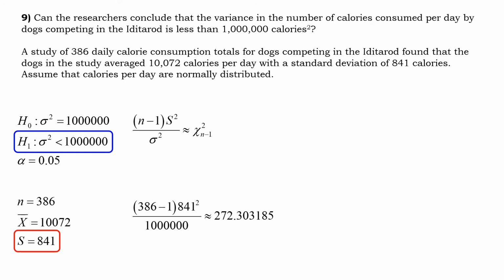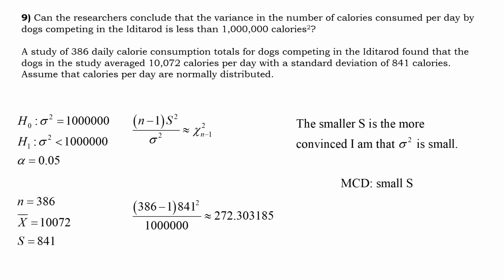So if we want to be convinced that sigma squared is small, then S needs to be small, S squared needs to be small. So the smaller S is, the smaller S squared is, and the more convinced I am that sigma squared is small. So more convincing data in this situation is a small value for S and S squared.